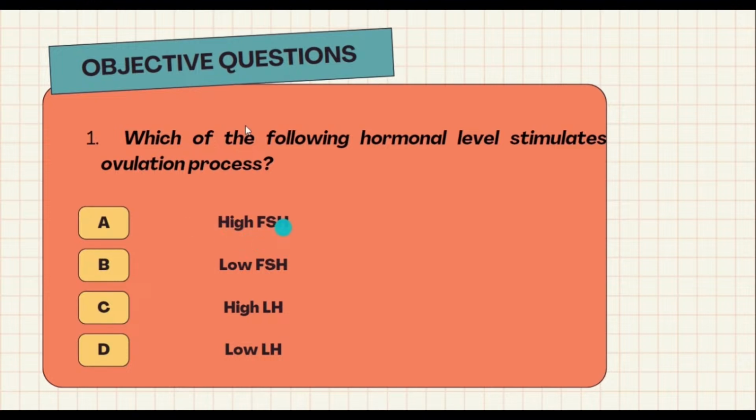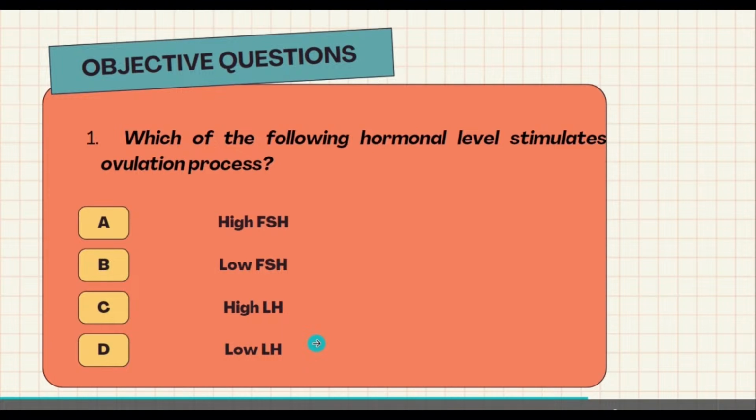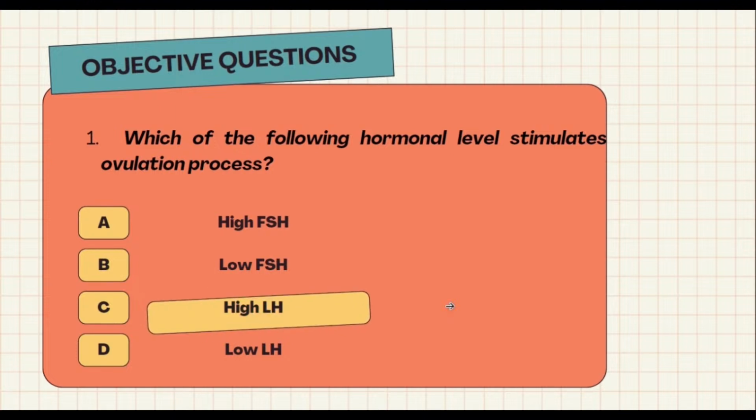A is high follicle stimulating hormone. B, low follicle stimulating hormone. C, high luteinizing hormone. And D, low luteinizing hormone. So what is your answer? Yes, the answer is high luteinizing hormone. Very good.